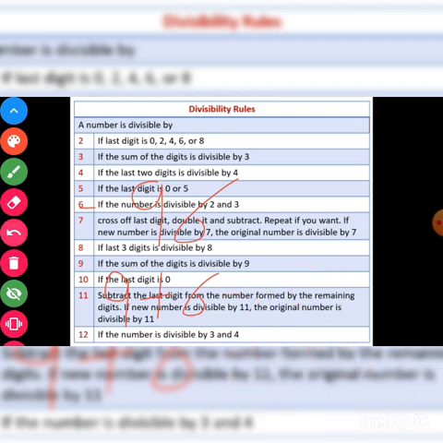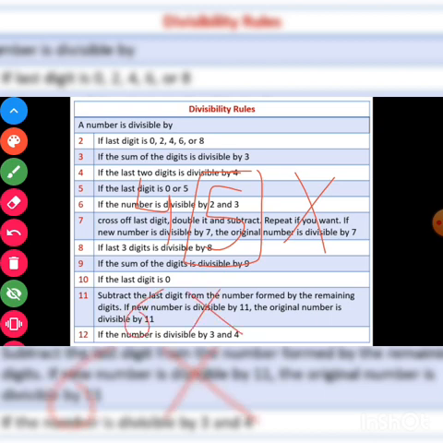One more example let us take. 45. Now let us check for the divisibility test of 2. So the last number is ending with 5. That means it is not an even number, so it will not be divisible by 2. And if it is not divisible by 2, so it will not be divisible by 6 also.